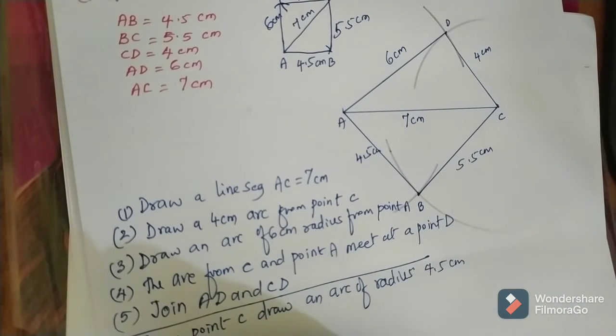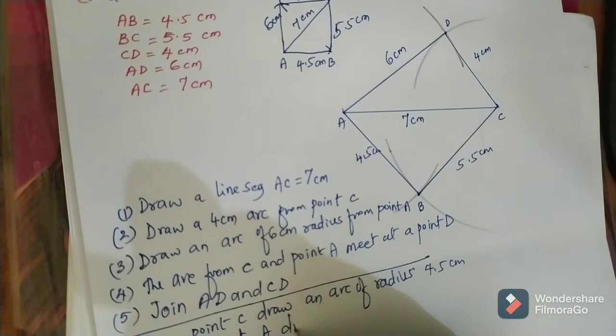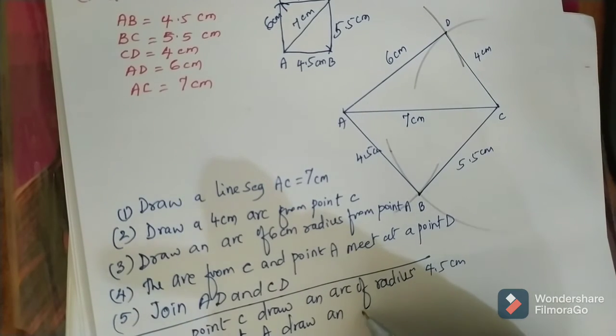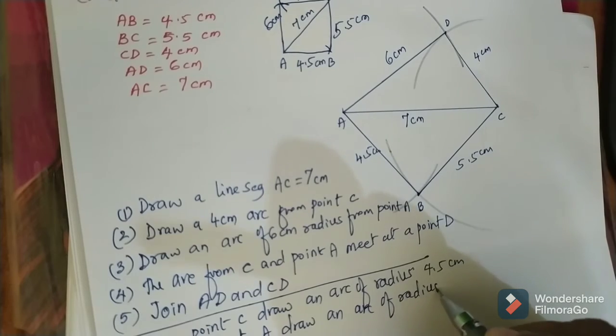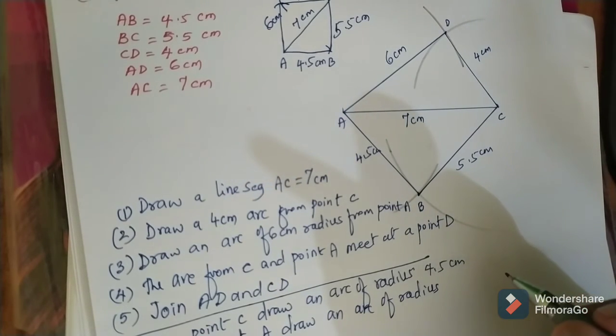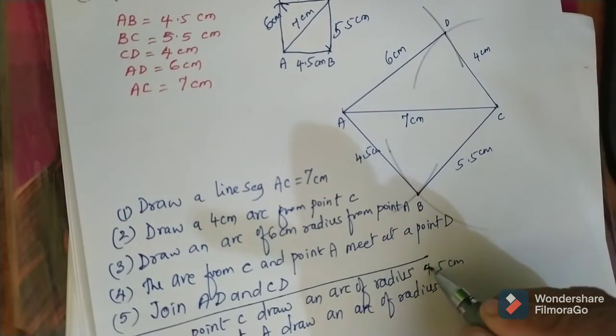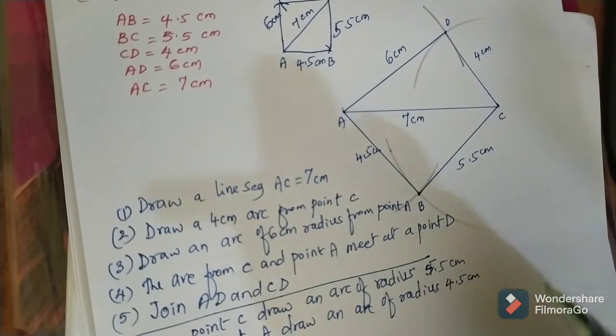Next one, from point A, draw an arc of radius 4.5 centimeters.